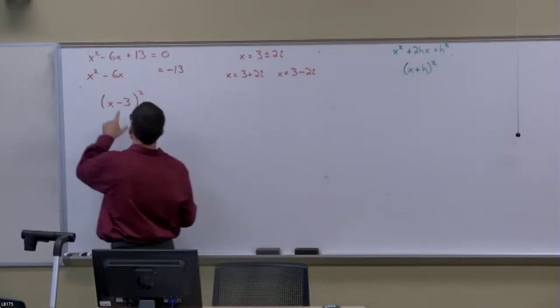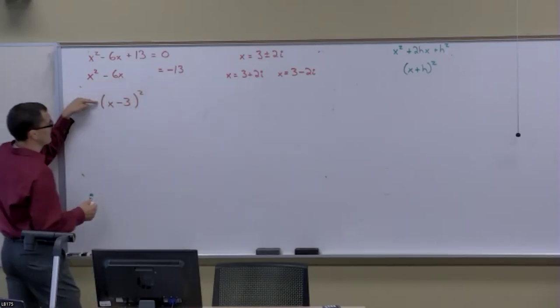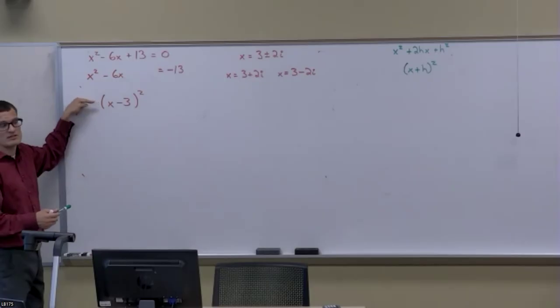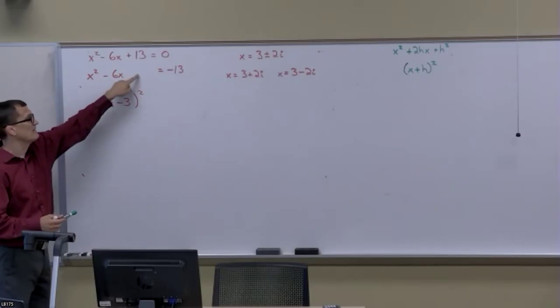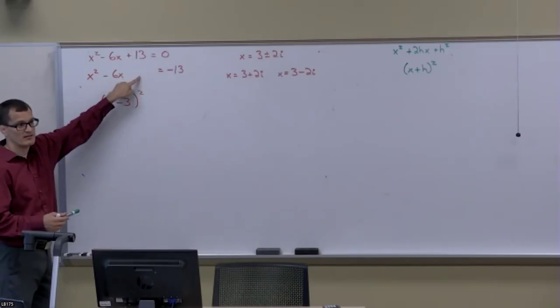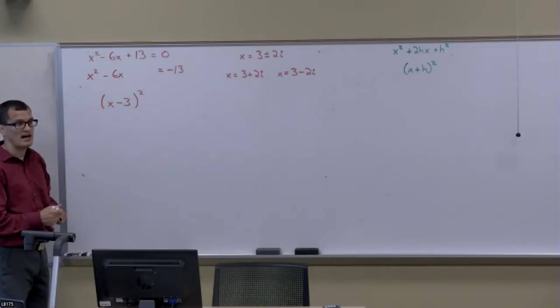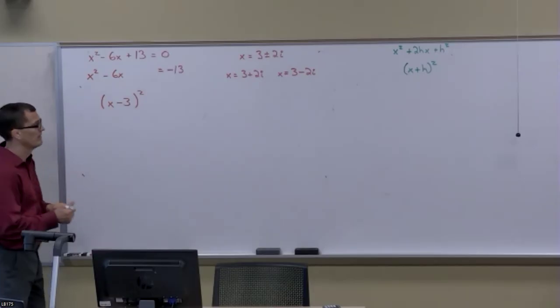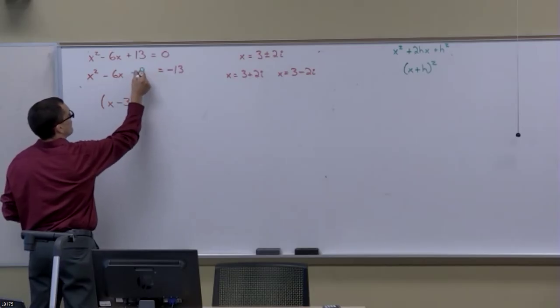If I don't have an h squared, it's not going to equal that. So let's force this to have an h squared there. The h is -3. -3 squared is a +9. So we're going to add 9 to both sides.